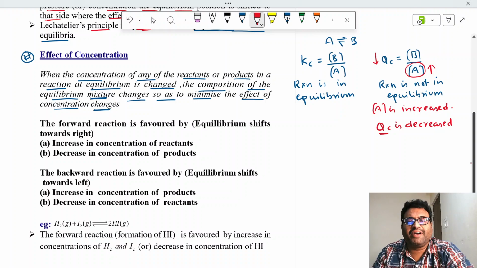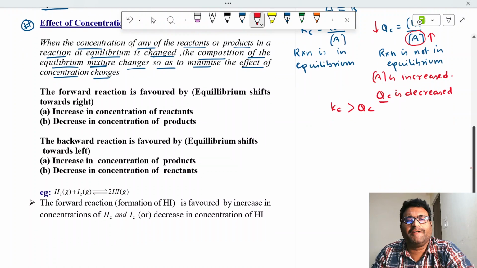Now what has happened? Now Qc is less than Kc. When Qc is less than Kc, what happens? Does the net forward reaction favor or the net backward reaction favor? Kc is greater means product is greater, and product has to convert into reactant.